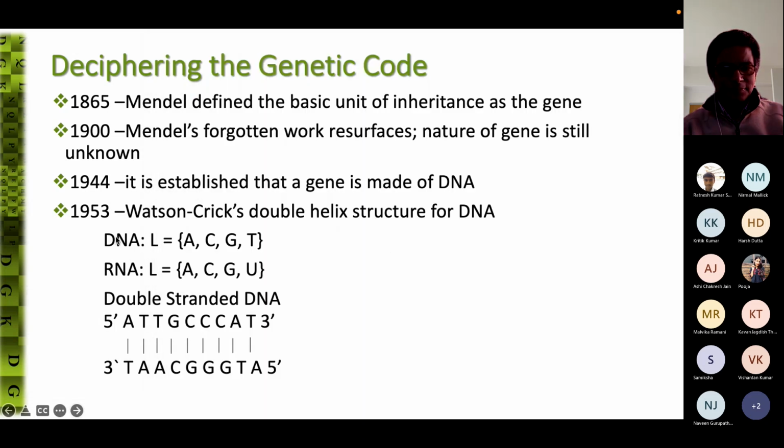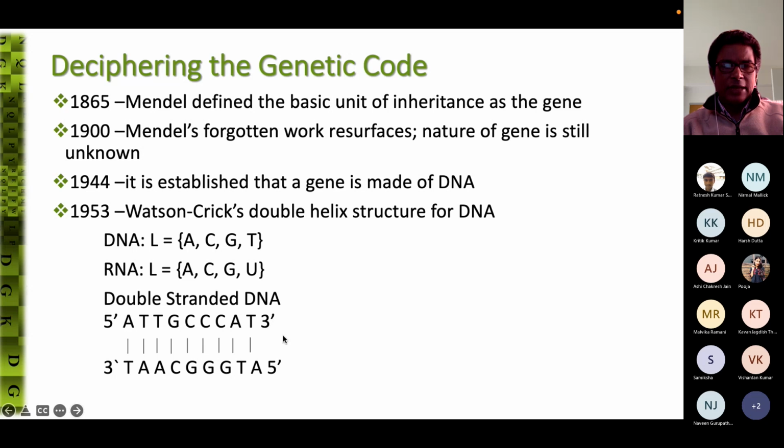So anyway, we do know now that the DNA has these 4 bases: adenine, cytosine, guanine, and thymine. And the RNA is AGCU, U being the uracil, which replaces the T from the previous group.